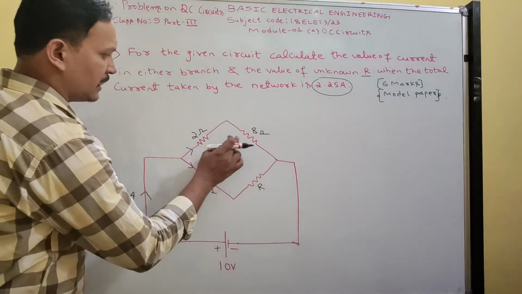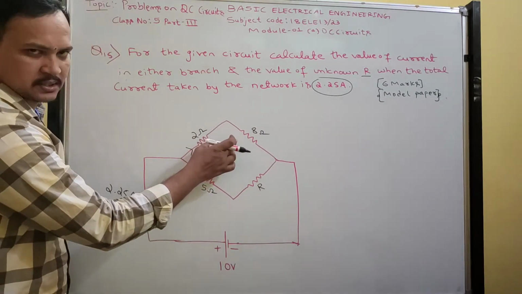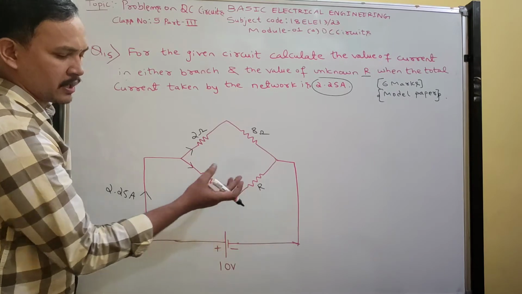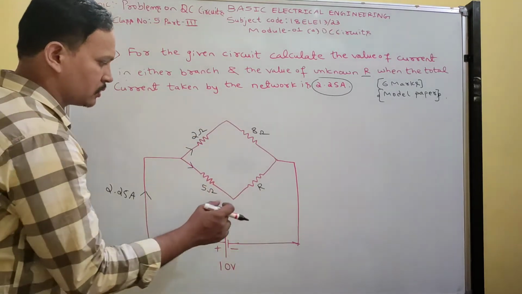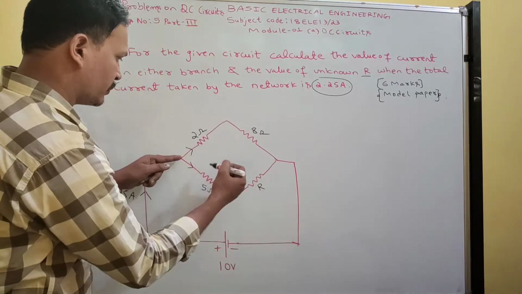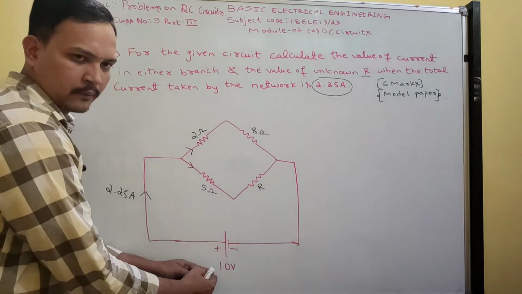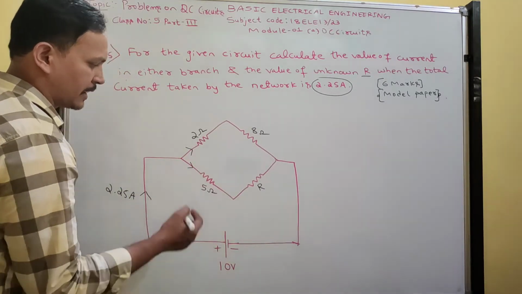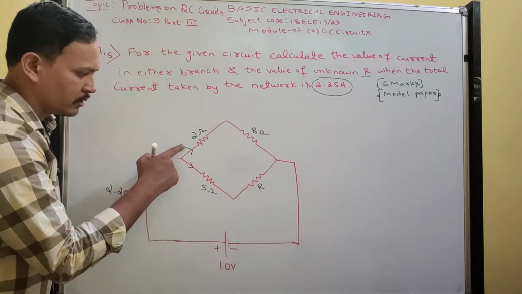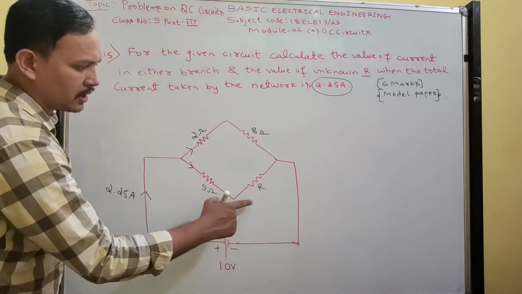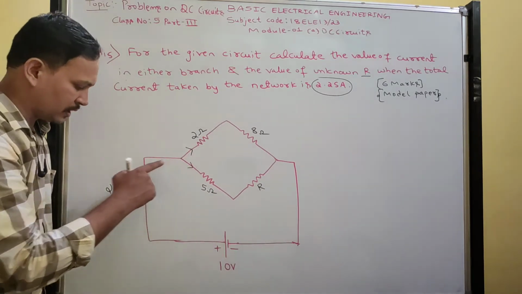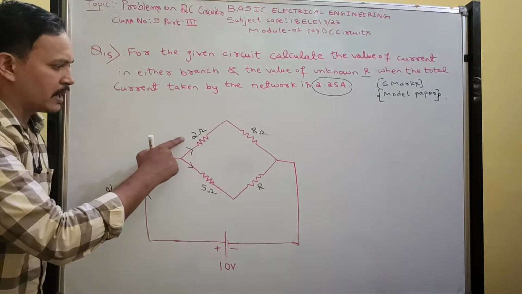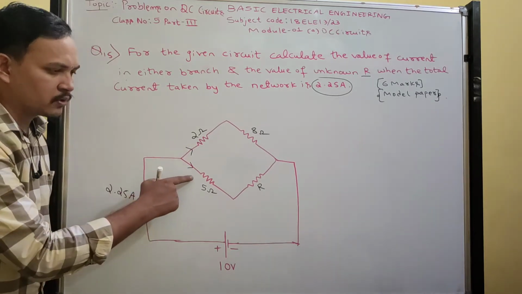Okay. See, 8 and 2 are connected in series, and 5 plus R are connected in series. Overall they are in a parallel combination. So now this 10 ohm resistance is connected across 10 volt. Voltage by resistance will give the current. This current will be 1 ampere. And the other current we cannot find because of one unknown resistance. The supply current is given. The addition of these two currents is the supply current. So 1 ampere flows here, and the remaining current flows here.